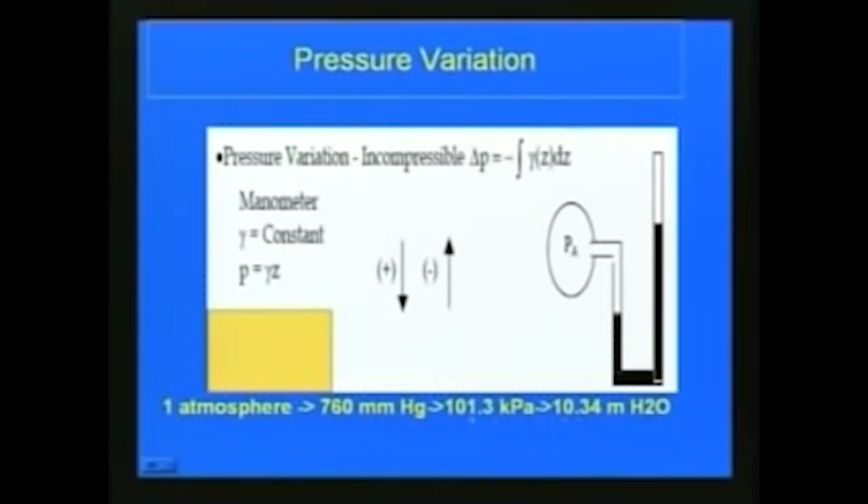So, the atmospheric pressure is generally expressed as either 76 centimeter of mercury, 101.3 kilopascal, or 10.34 meter of water column. These equations give the general pressure variation, and with respect to the atmospheric pressure, the values are given here.